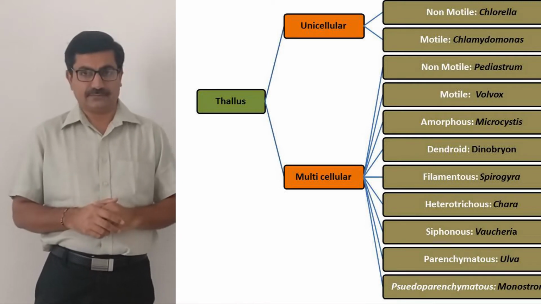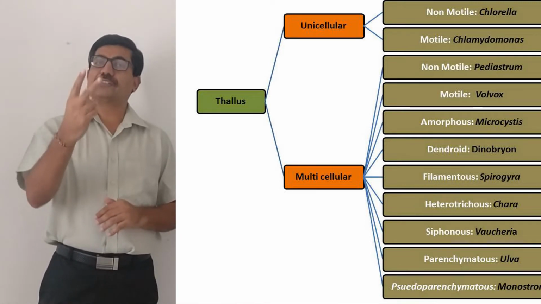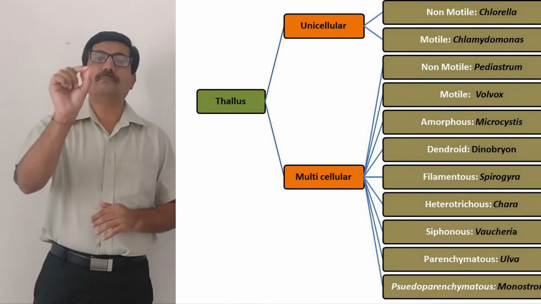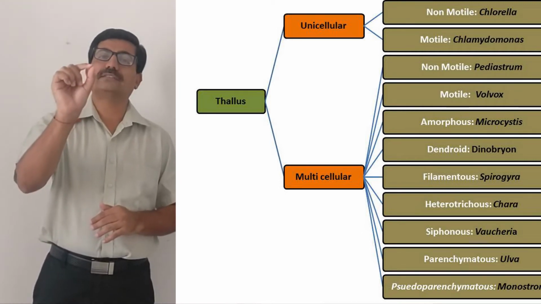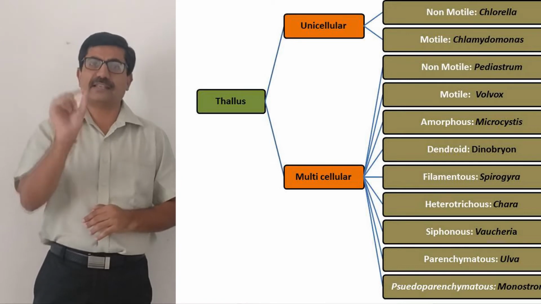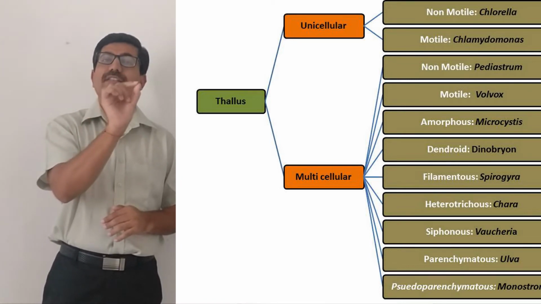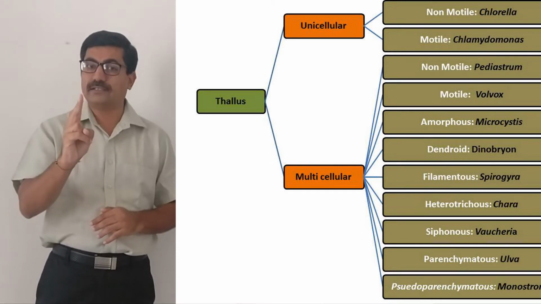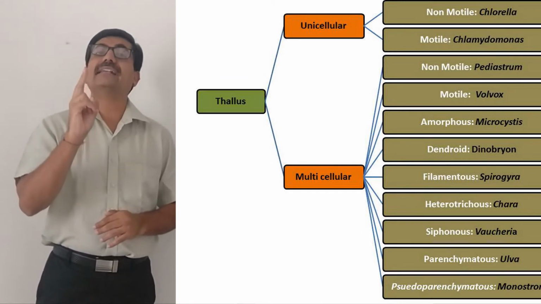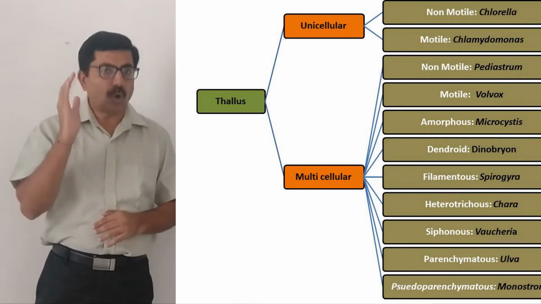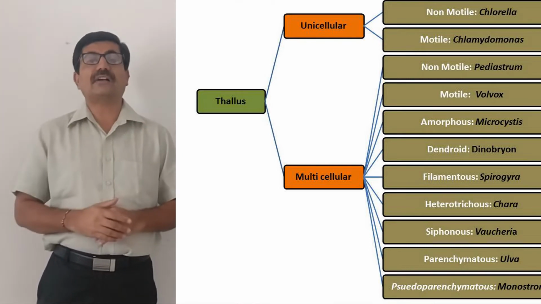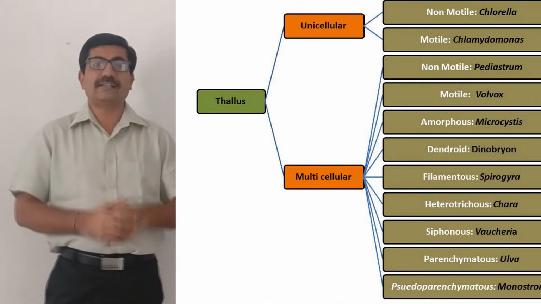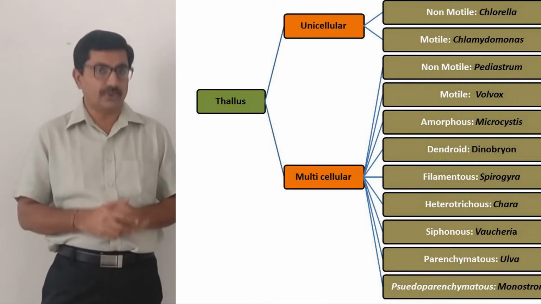In this topic, you just remember two things. First, what is the meaning of a particular thallus type? That means, for any one thallus, what is its meaning? And second, the most important point, the examples. Obviously, these examples are in Latin, and many may not be known to you.